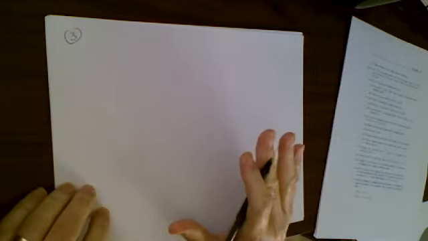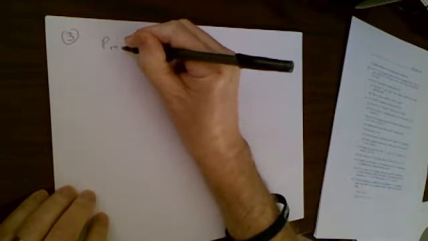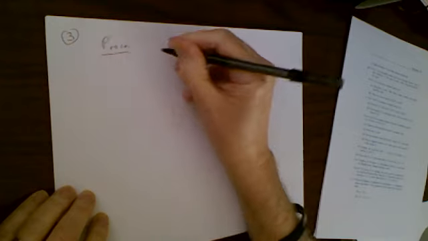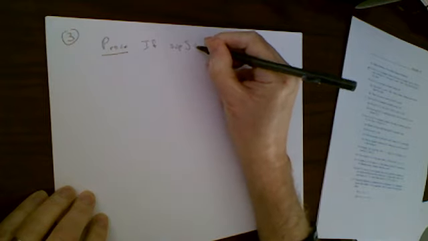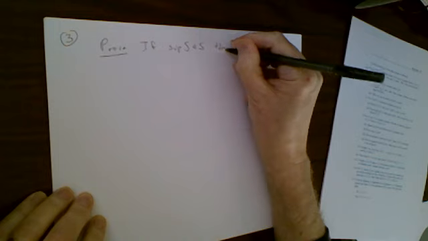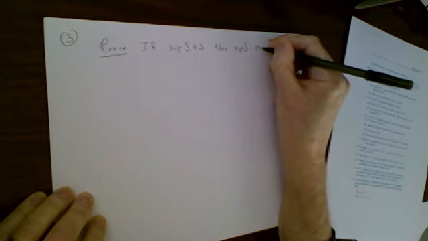Okay, so I'm not going to write all the details, but I'll talk through all of it. We want to prove that if the supremum of a set is an element of the set, then the supremum is the biggest element of the set.